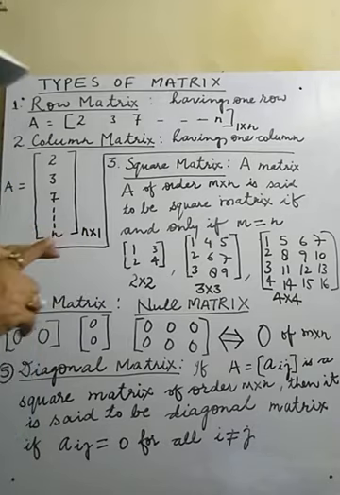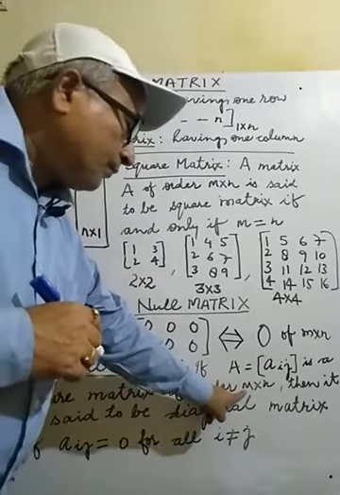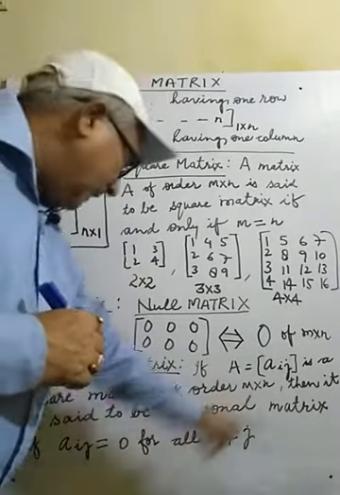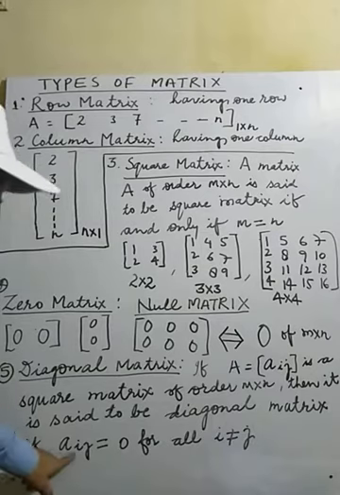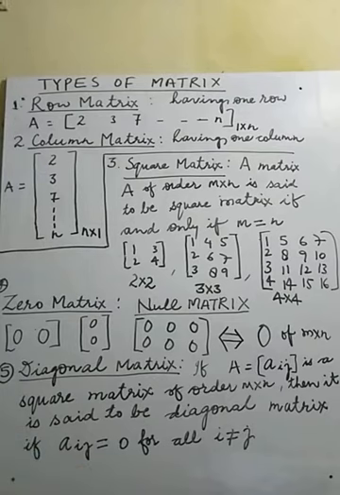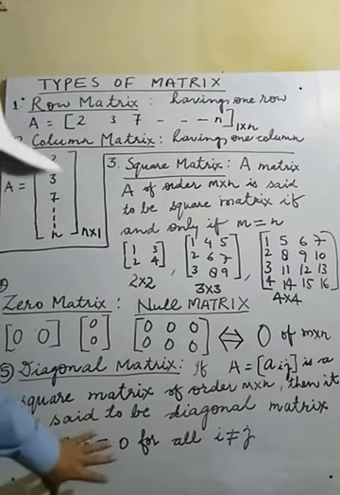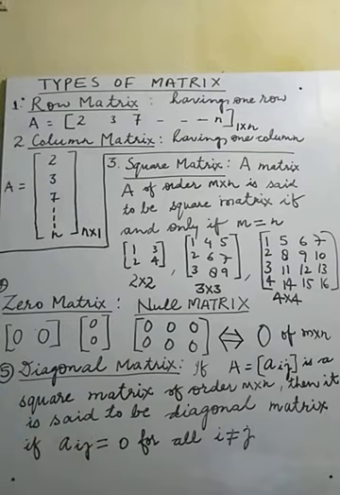A square matrix of order m by n, the order of that matrix is m by n. Then it is said to be a diagonal matrix if a condition is followed: aij equals 0, meaning all the elements of this matrix are 0, for i not equal to j. What does it mean?